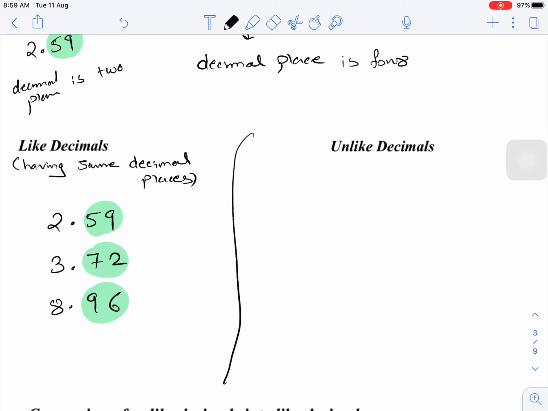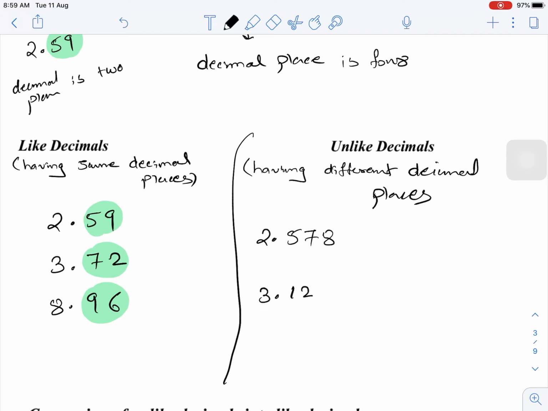Now let us see another one, that is unlike decimals. Unlike decimals are the decimals having different decimal places. For example, 2.578, 3.1245, then 7.235798.